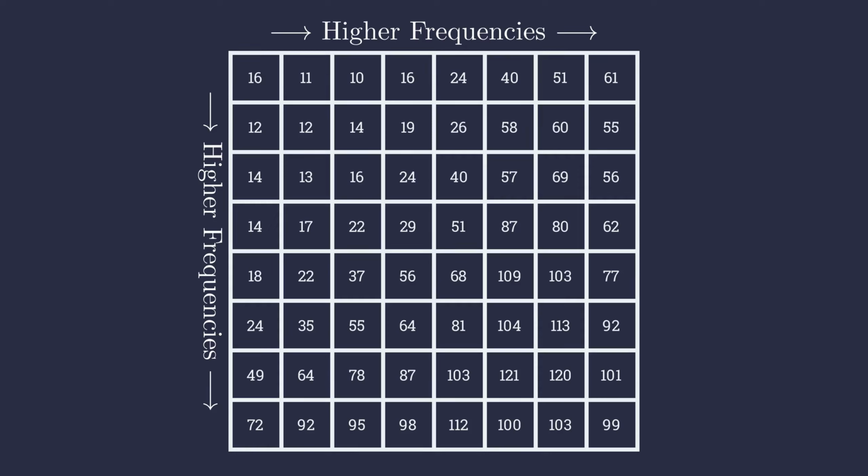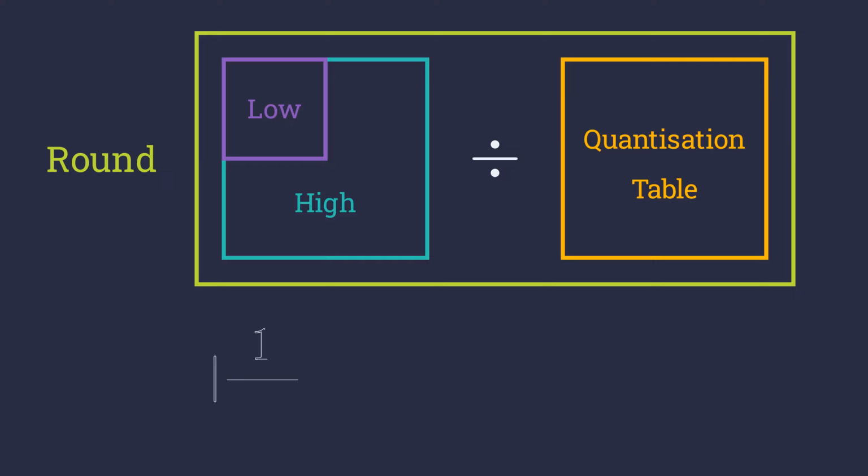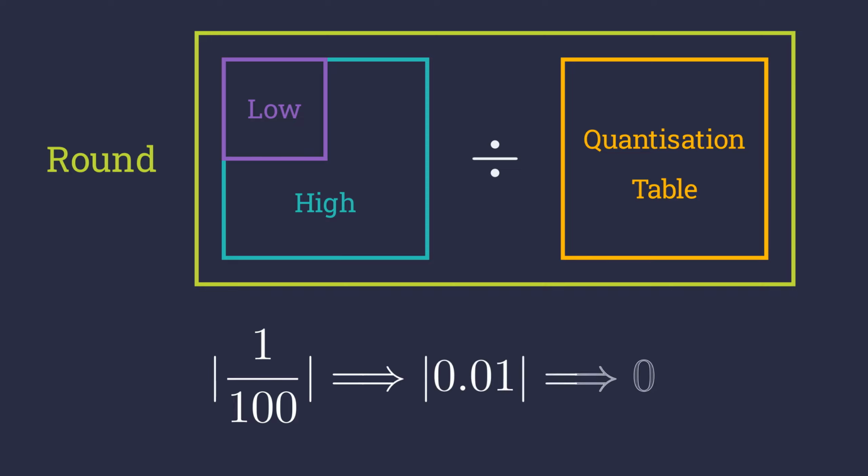This removal is extremely crucial in the next step of JPEG, run length and Huffman encoding. You will learn more about it in the next video. If we divide an already small value by a large denominator and then round it off, the answer is always going to be 0 or something close to it.